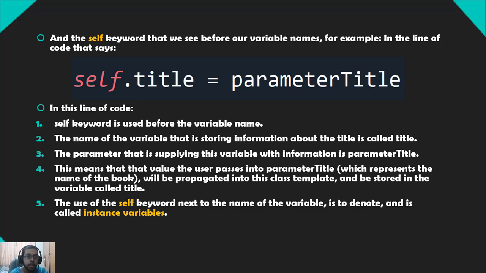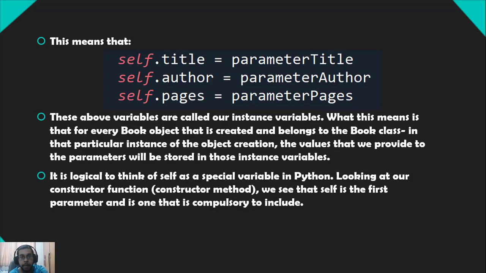Number 5, the use of the self keyword next to the name of the variable is to denote what are called instance variables. This means that self.title = title, self.author = author, and self.pages = pages.